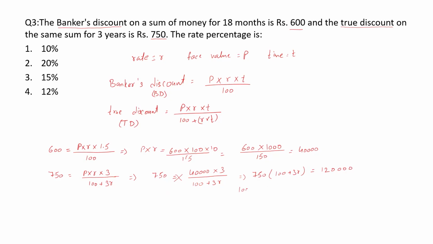Now 100 plus 3R is equal to 120,000 upon 75. So from this you will get that R is equal to 20. So 20% is the answer. After solving this for R and then you convert it into percentage, you will get 20.